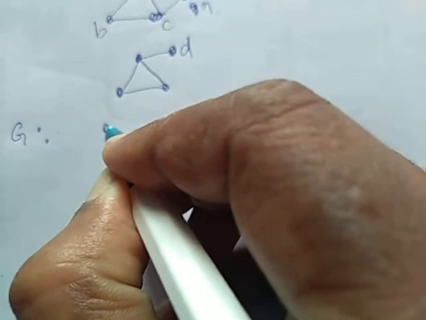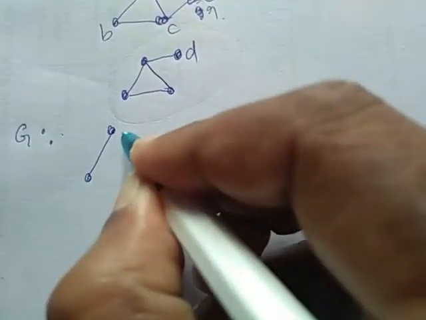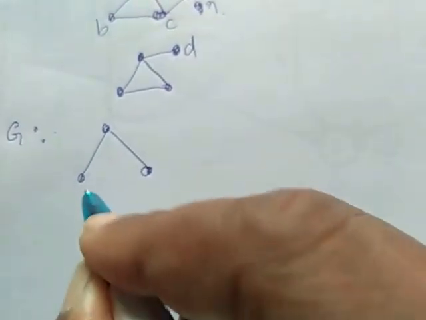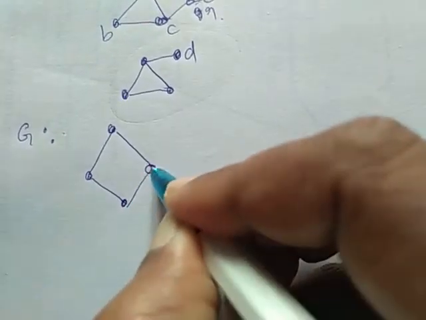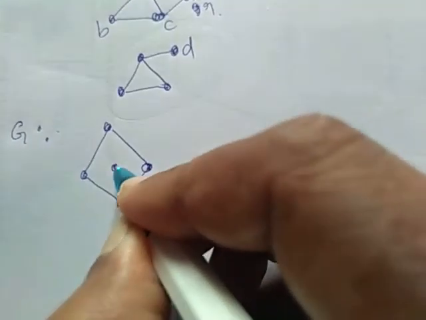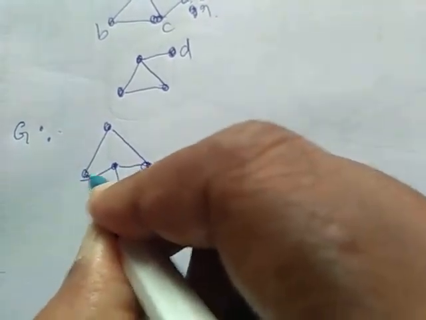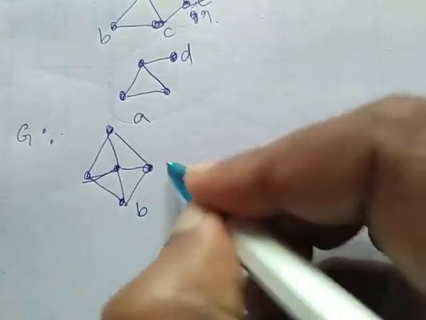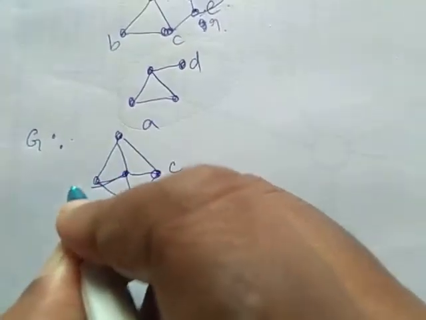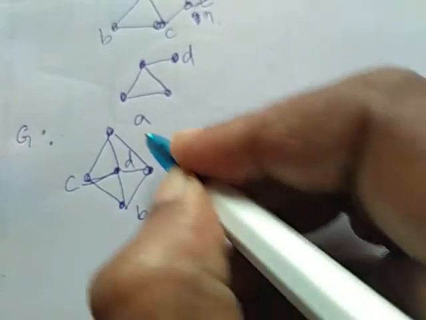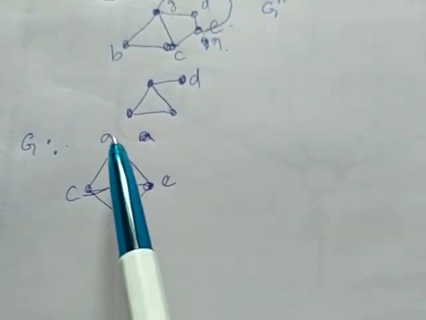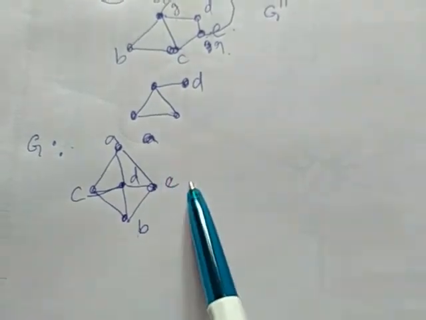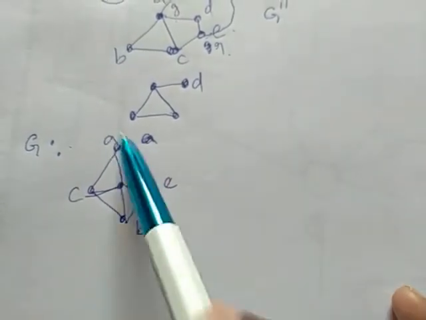Now we will consider an example. I will consider a graph G. This is our A, B, C, D, E. Now we are having A, B, C, D, E. A and B are not adjacent to each other.